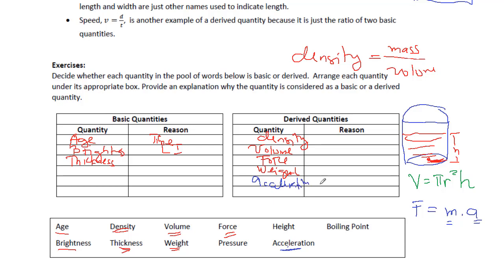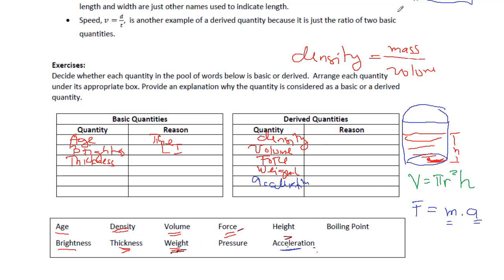It's a derived quantity because acceleration is defined as change of speed per unit time. Change of speed or change of velocity is already a derived quantity. It involves time. So clearly these are derived quantities. Weight is just a force due to gravity. So weight basically is a force, so it's a derived quantity.